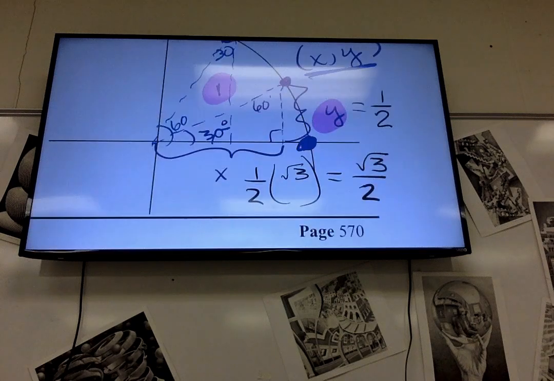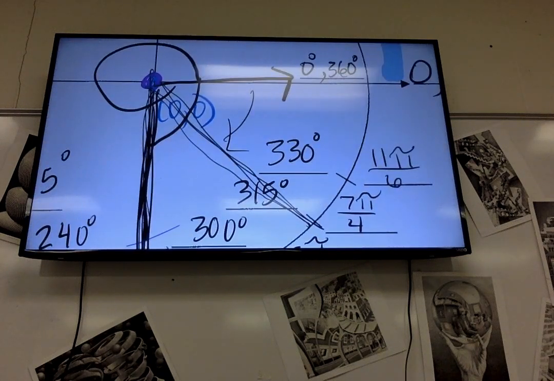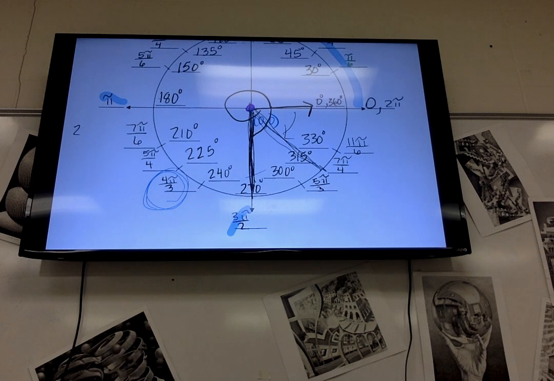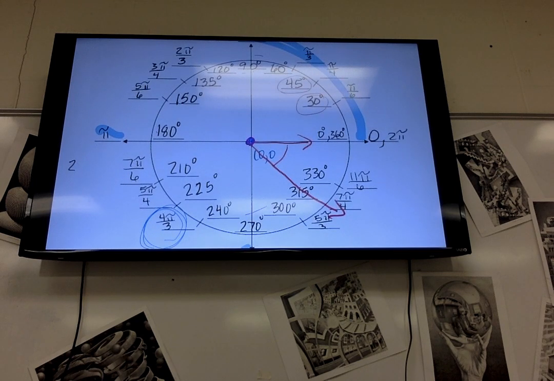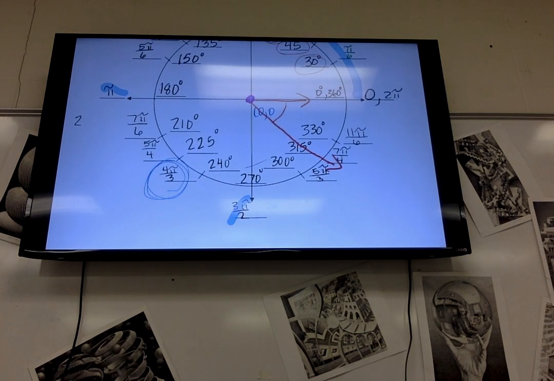Negative 45 means that it goes clockwise, so it's going to rotate this way. So there's negative 45, because remember we learned it was 30, 45, 60, 90, and then you keep adding those numbers over and over again. So I'm going this way, that's negative 45.